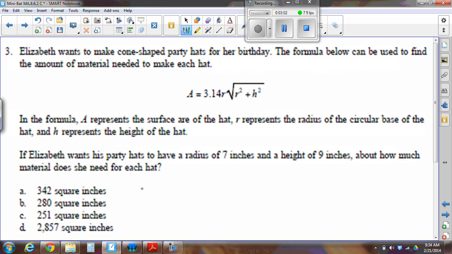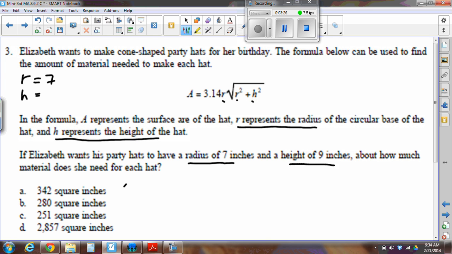Number 3, same idea. We need to know what R and H are. So what is R? I look around and we see R represents the radius, H represents the height. So I look for my radius. I see a radius of 7 inches, so that means that R is 7, and H, height, is 9, so H is 9.